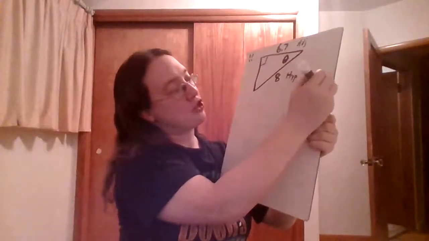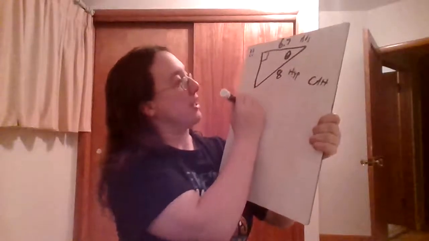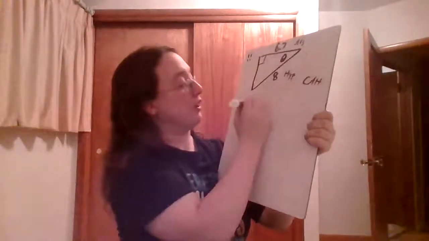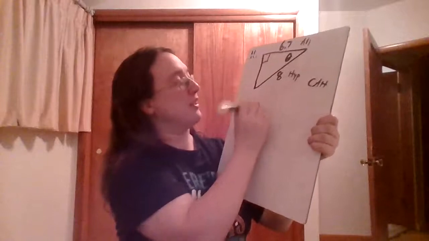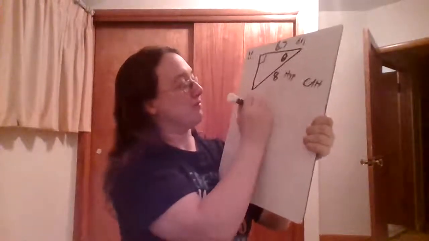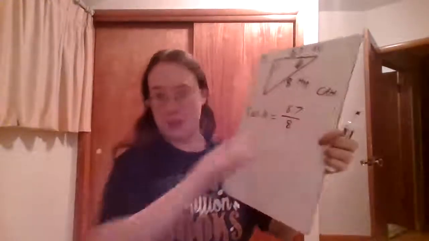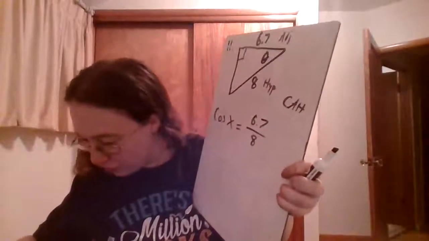Okay, so we got our hypotenuse, we got our adjacent, that's the CAH part again. So the cosine of the thing we're looking for, I called it theta here, you can call it x if that's a bit more comfortable. Adjacent is 6.7 over 8, but that's just a number. 6.7 divided by 8 is 0.8375.